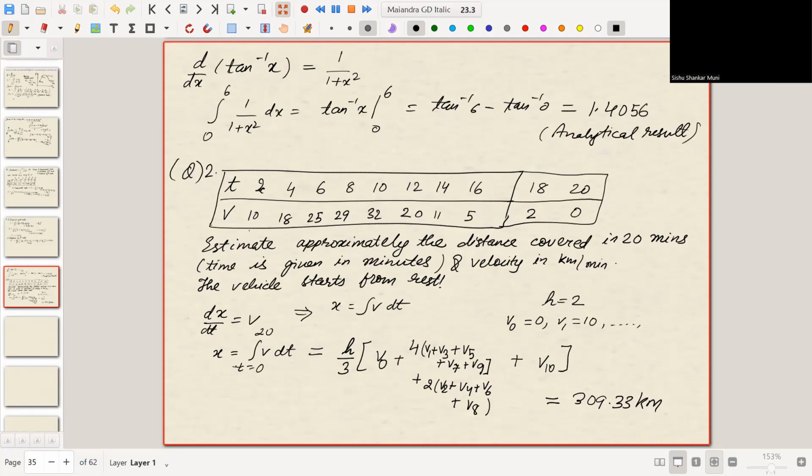So from the data, how do you find the integration using different methods? Here we just solved using Simpson's 1/3. Some also solved using Simpson's 3/8. I will be giving a similar sort of assignment for the next class.